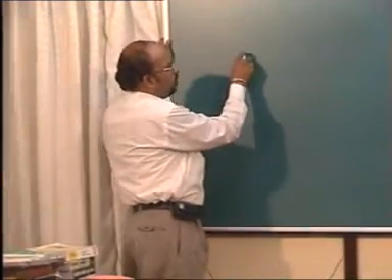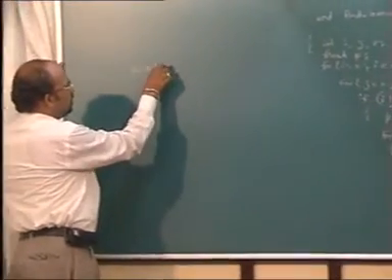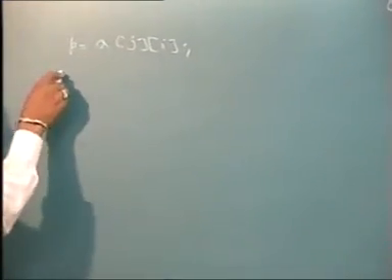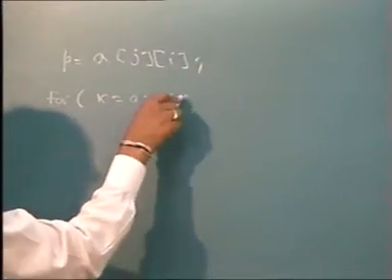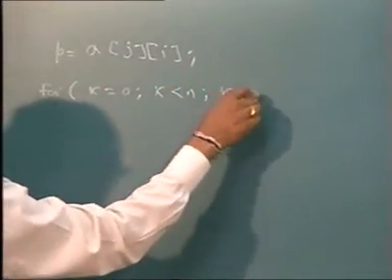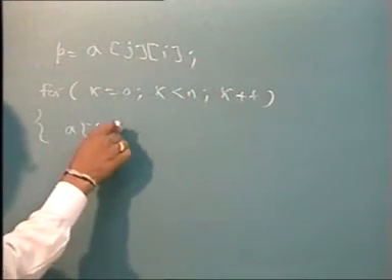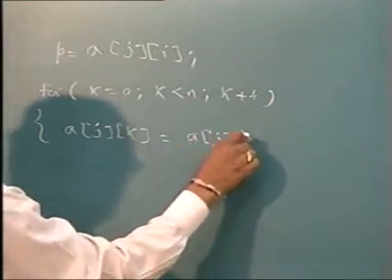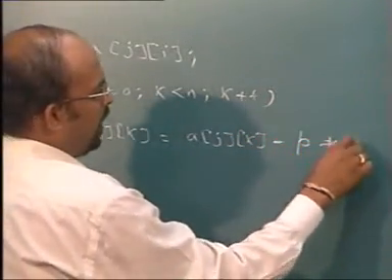So I say P is equal to A of ji, and then again for k equal to 0, k less than n, k plus plus. First of all, A of jk equal to A of jk minus P times A of ik.